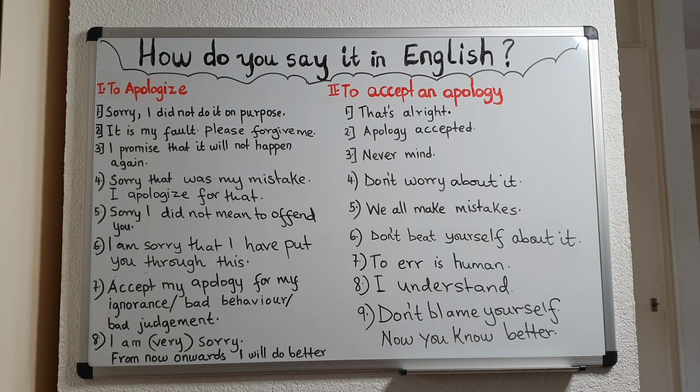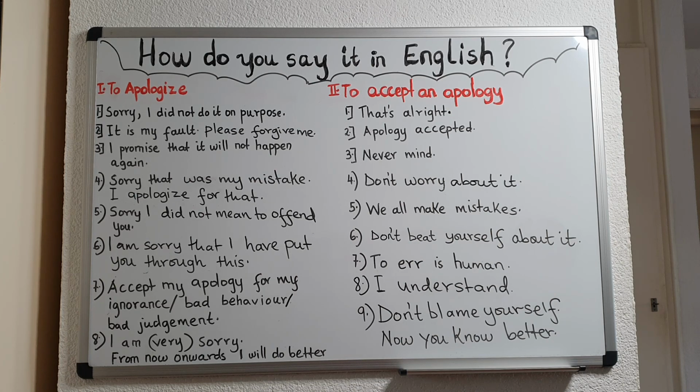Number 9, don't blame yourself. Now you know better. Now, what this means is don't blame yourself. In other words, don't worry about it. Don't sit there thinking the whole time about how you hurt me or how you offended me.